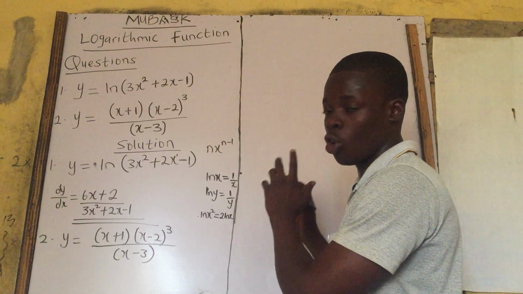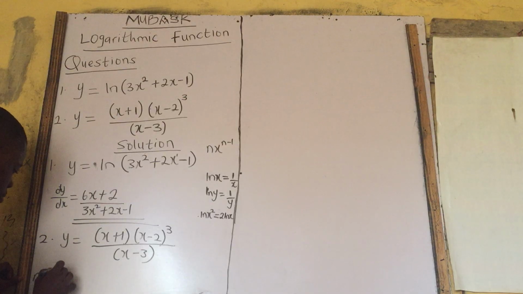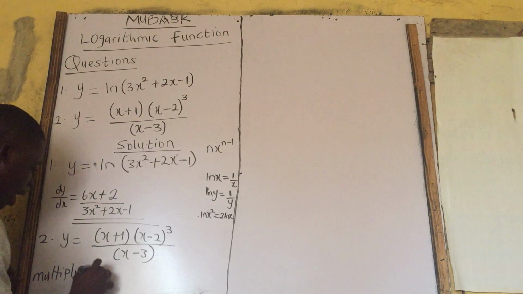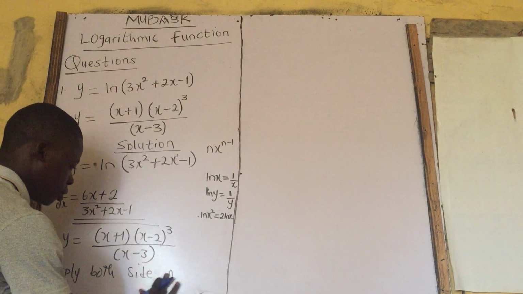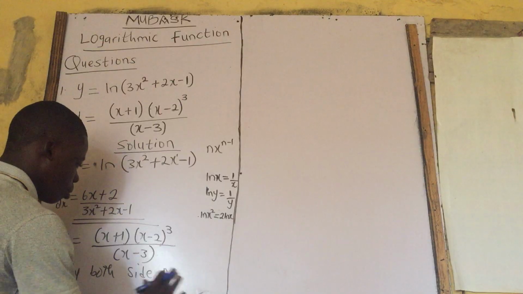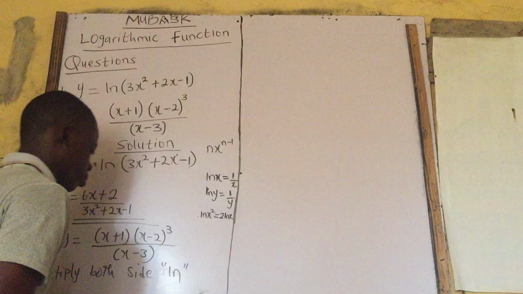natural logarithm, ln. So now we have to take both sides by natural logarithm.